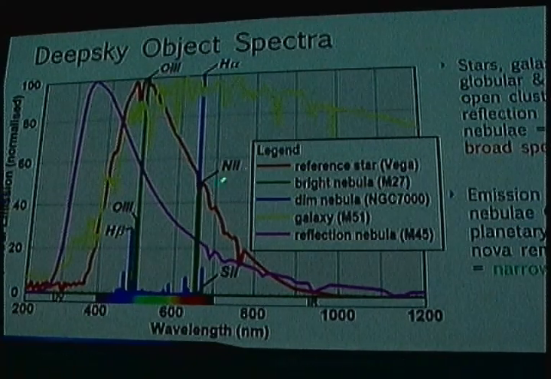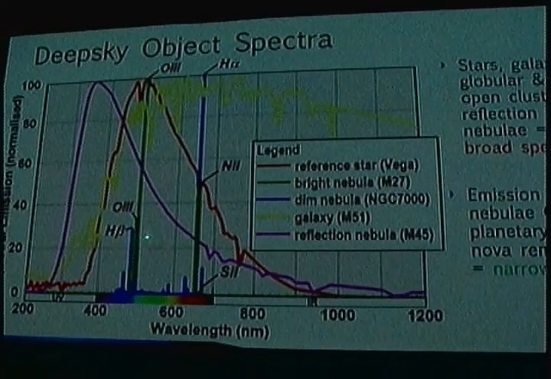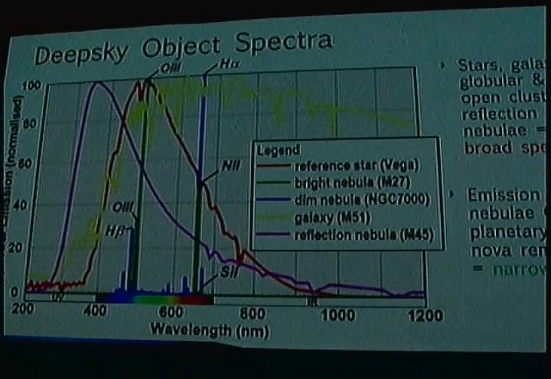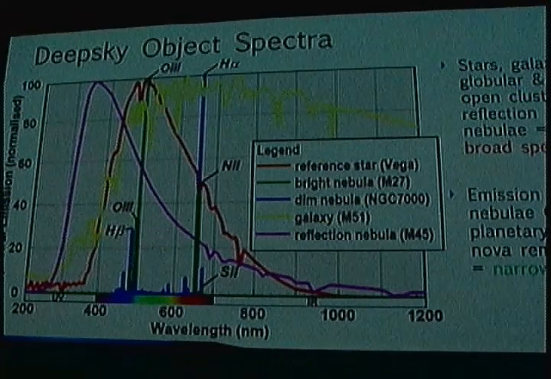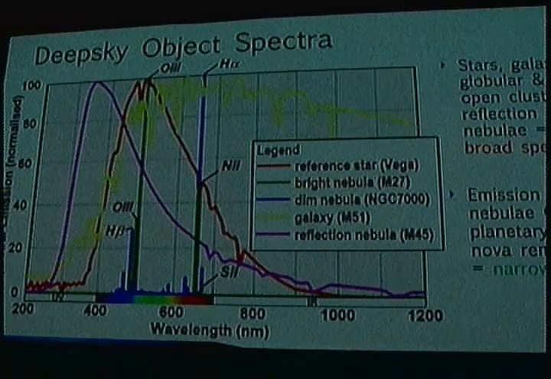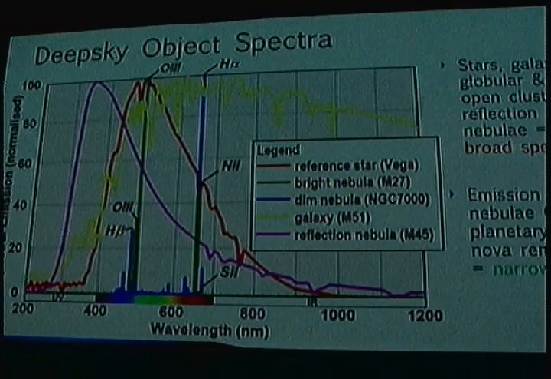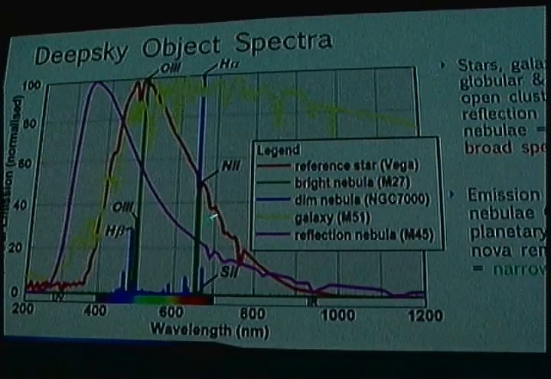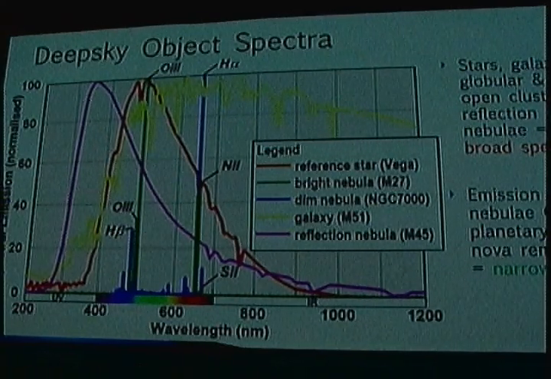In contrast to that, nebulae like the blue lines are for NGC 7000, the North American Nebula. It's a hydrogen-rich region. You see very characteristic spikes at hydrogen beta and hydrogen alpha. And then a brighter nebula, by bright I mean easier to see with the naked eye, would be a planetary nebula like the Dumbbell Nebula, which has a lot more OIII emission, which we can see with our eyes at night.